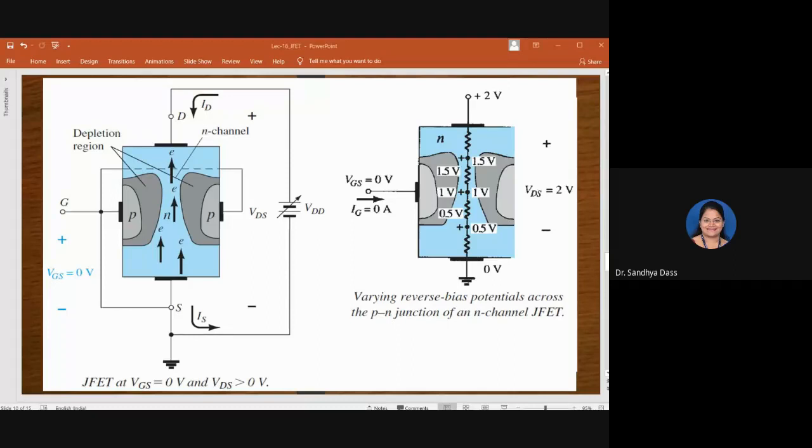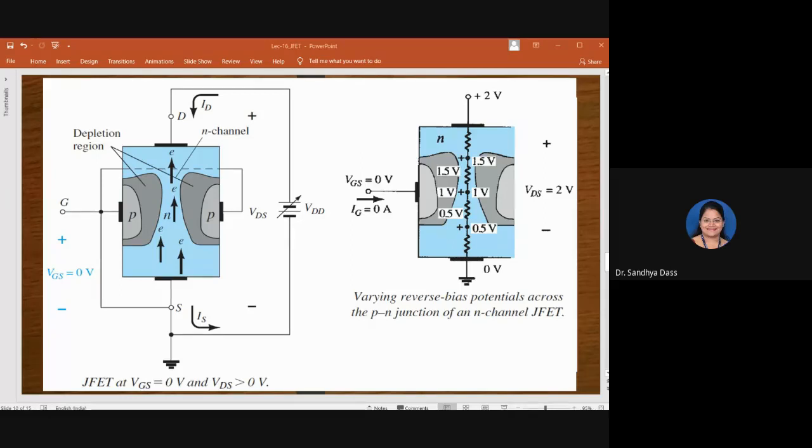And in the width, are you able to find some difference there? The region is more at the end of drain. Correct? Very good, Adarsh. Okay, fine. Yeah, very good.